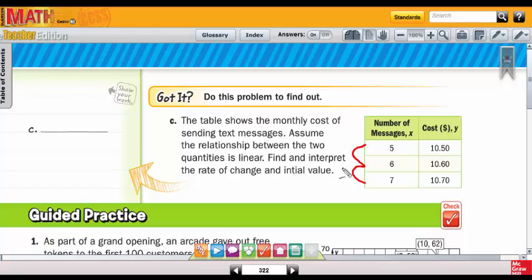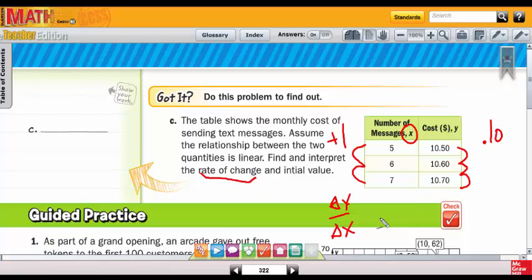We can quickly see that we are rising by 1 on our x value, and on our y value we are rising by 0.10, which, because this is dollars, means that's 10 cents. So we have the change in y. Change in y over change in x gives us our slope, which is our rate of change, which is the first question they ask.